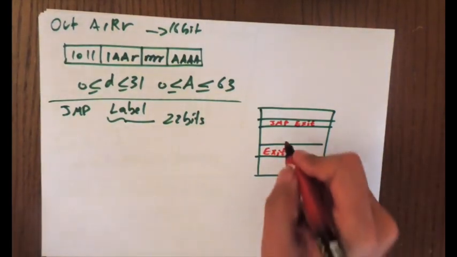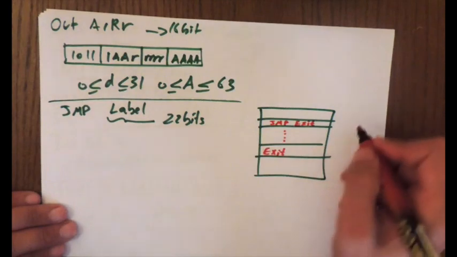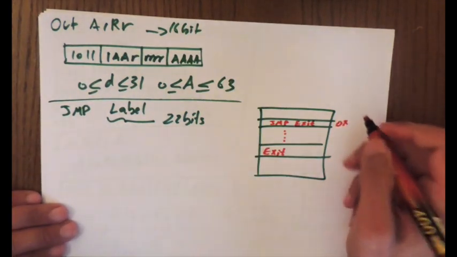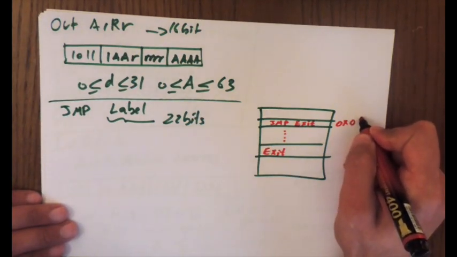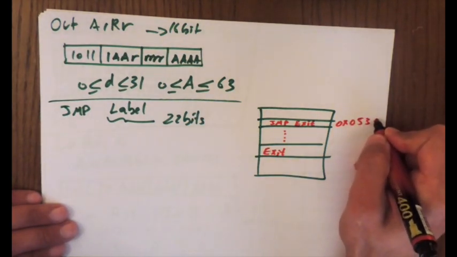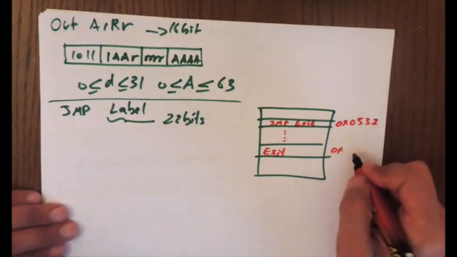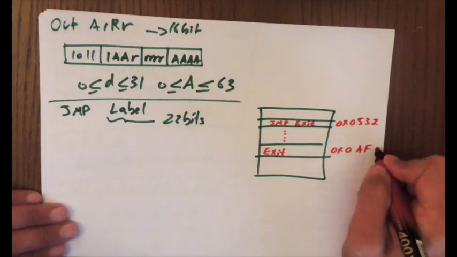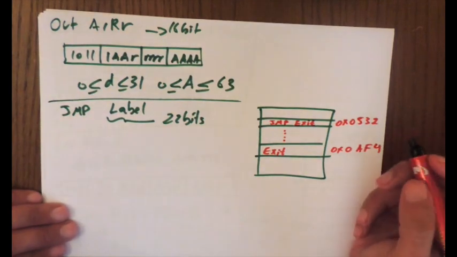And here we have an instruction. Let's say the address is 0x0532, and this is 0x0AF4. Now these are just random addresses.